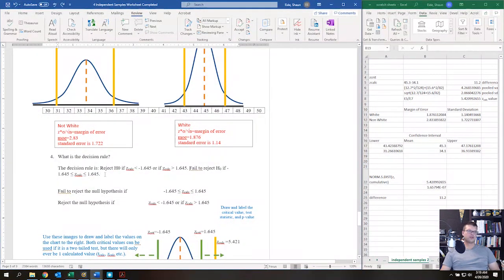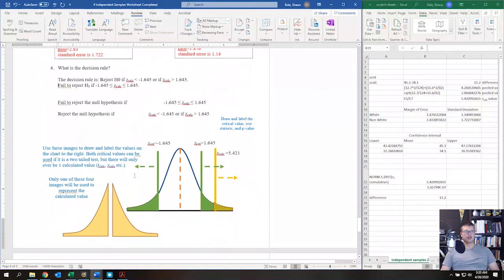The decision rule is reject the null hypothesis if z-calc is less than negative 1.645 or if z-calc is greater than 1.645. Fail to reject the null hypothesis if z-calc is between negative 1.645 and 1.645.